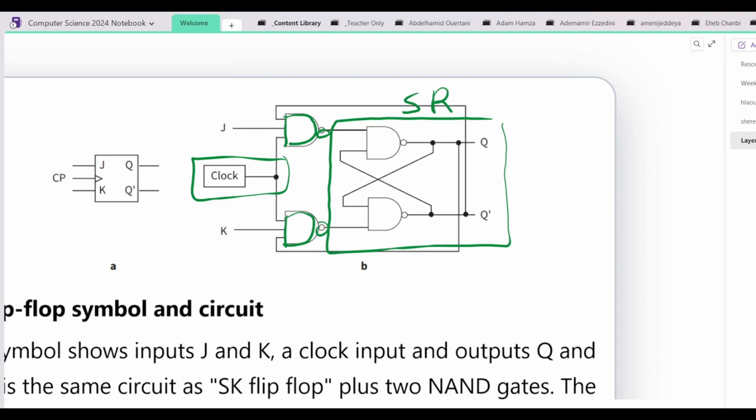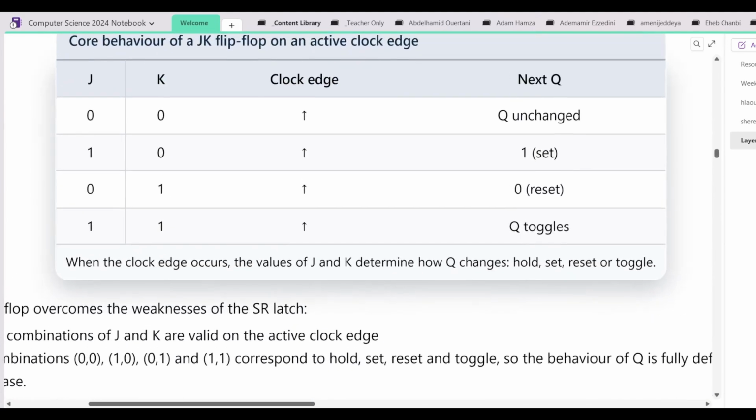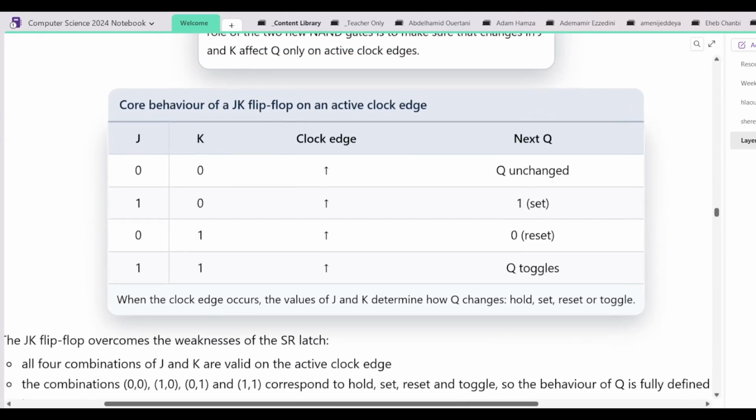Now the new thing is that we have two inputs, which were before S and R only. Now we changed their names to J and K and added one clock. The behavior will be like this. We will have three inputs.